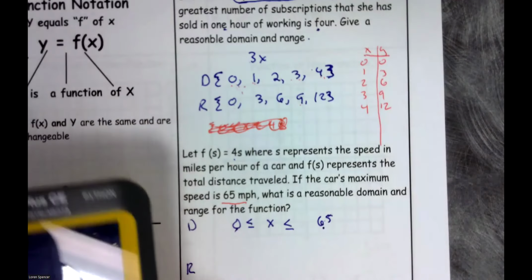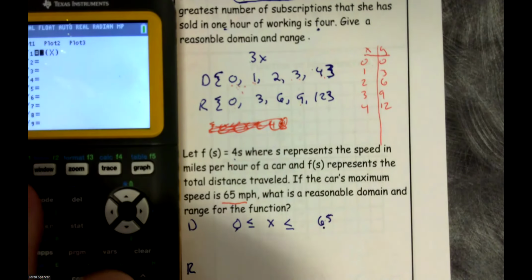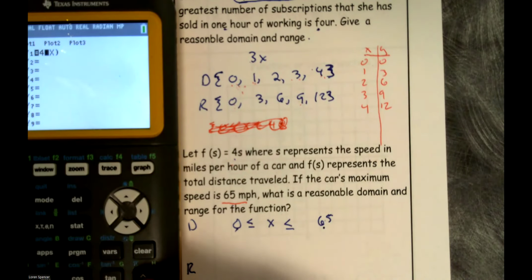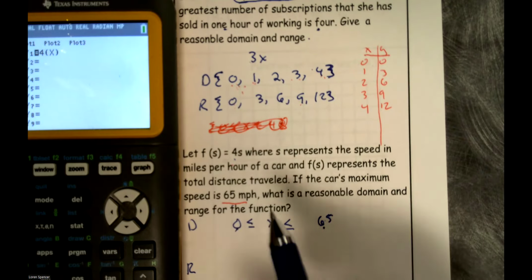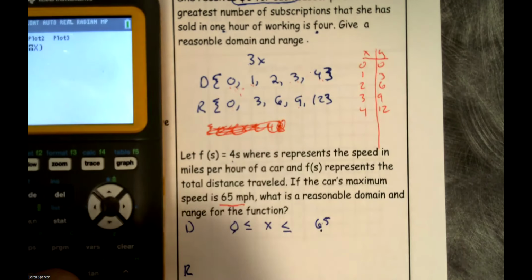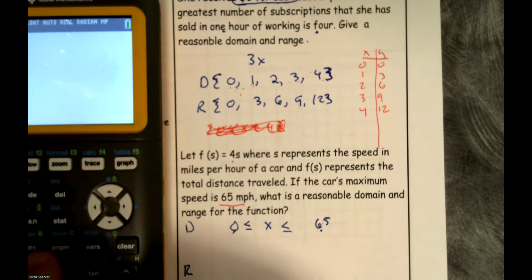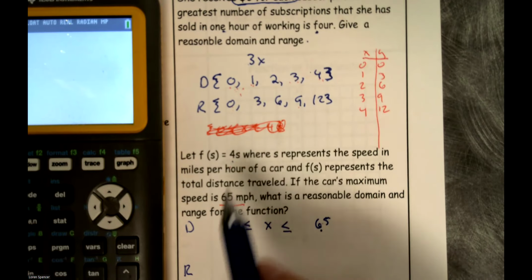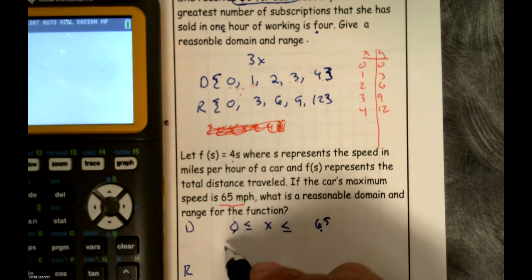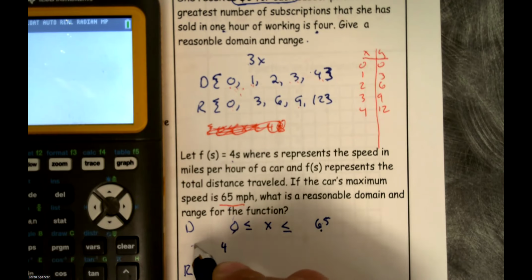So let's go back to y equals, put a 4 in there. And actually, we don't even have to do that. Let's just clear and plug in these values, because our f of s equals 4s.